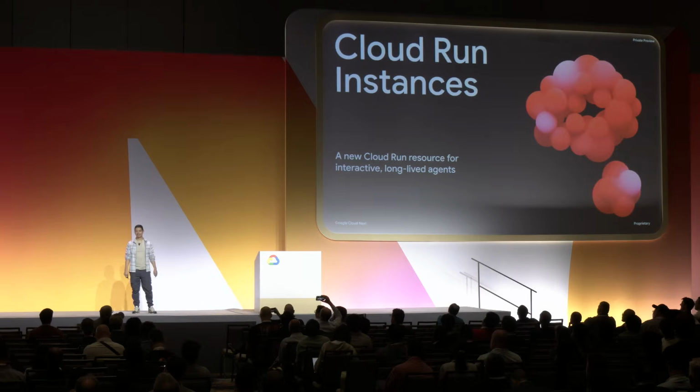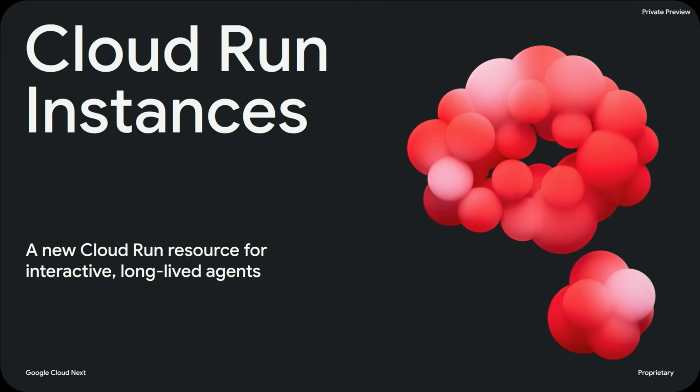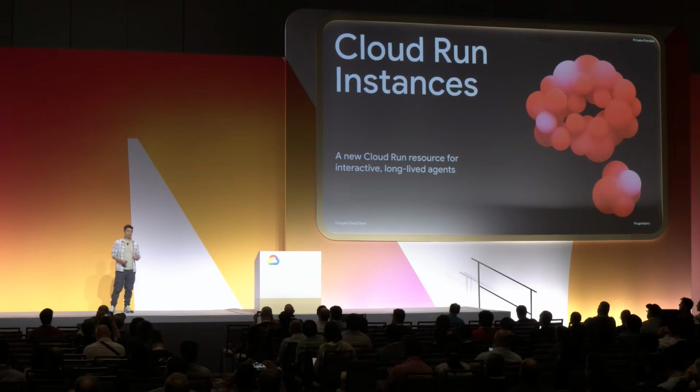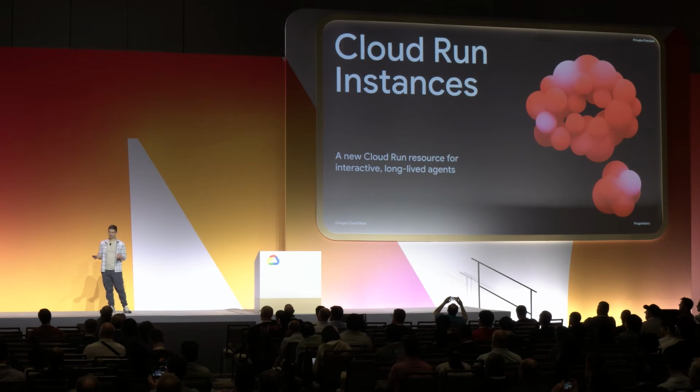So hey, everyone, I'm Ryan, product manager for agentic workloads on Cloud Run. I'm excited and honored to present to you a brand new resource type called Cloud Run instances, which is currently in private preview for select customers. You may be familiar with the term instance in the context of other Cloud Run resources.